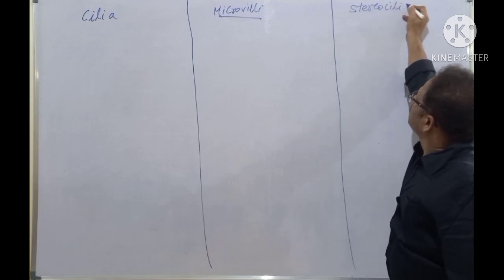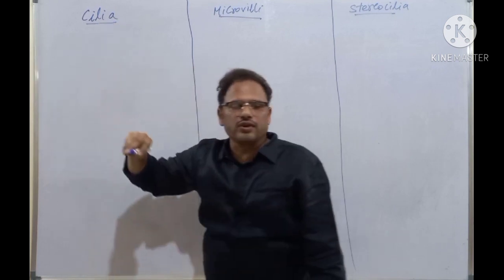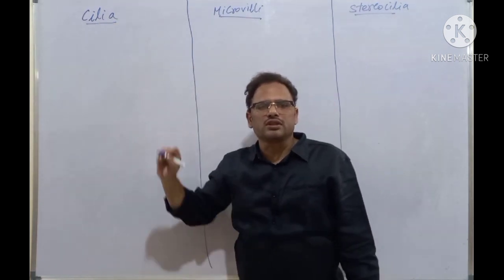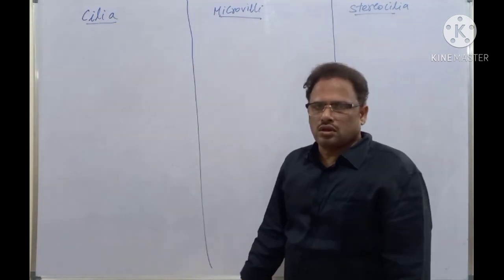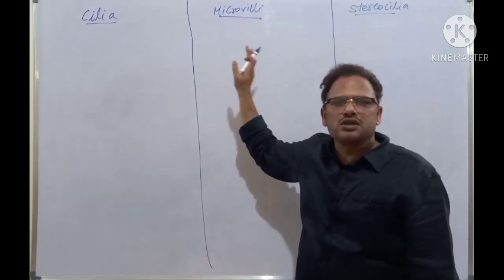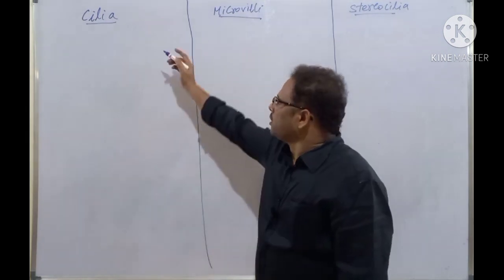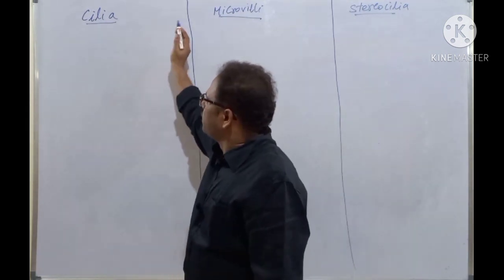Now these structures are present in the free surfaces of the epithelial tissues. These structures enhance the functioning of the epithelial tissues. Now what are these differences, and let's compare.